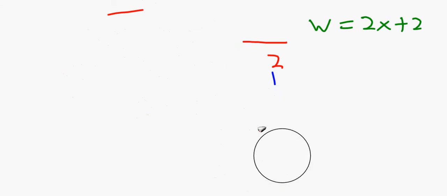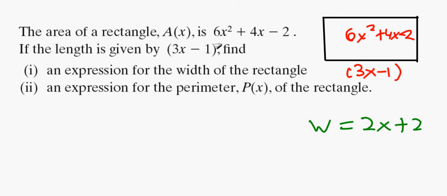Now, what we got to do next is find the expression of width of the rectangle. That is done. Find an expression for the perimeter of the rectangle. So the perimeter of the rectangle is like running a lap, alright? So we have 2x plus 2.